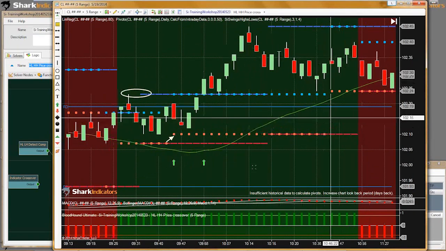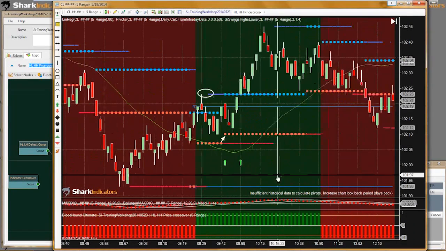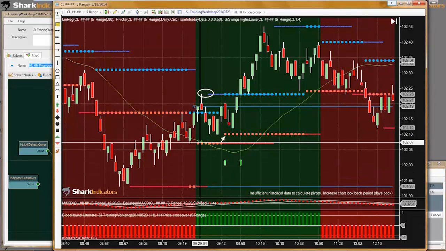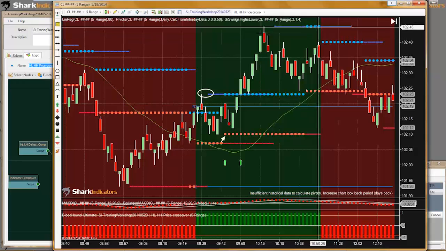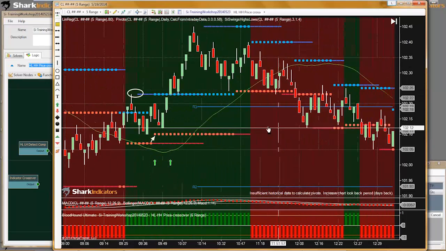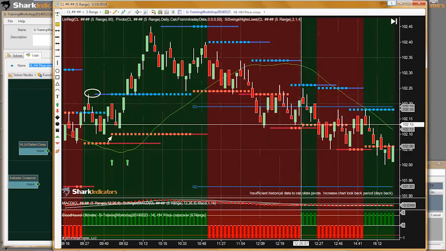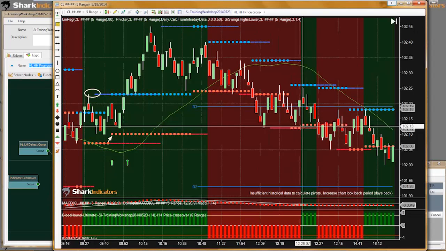So what this is kind of doing right now is when higher lows are forming, right, we're in a long state. And then when lower highs start forming, it switches over to a short state, right? And look, right in here we had this one little, minor wave up, and so we got this little tiny higher low.